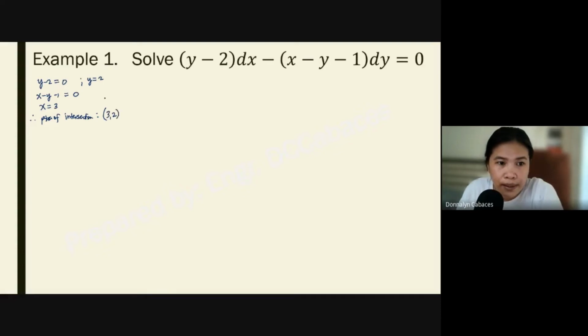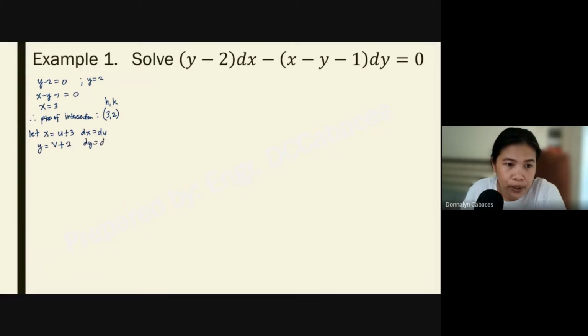And again, this is designated as h and k. Then we let x be u + h, so that is u + 3. And dx therefore is du. And your y is equal to v + k, so v + 2. And therefore your dy is your dv.